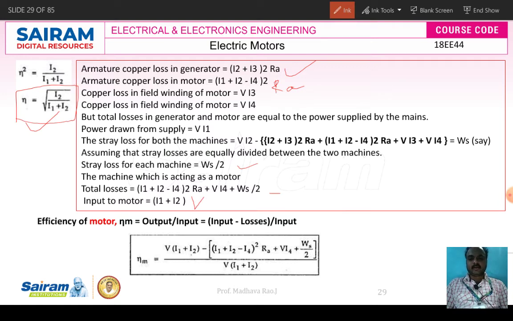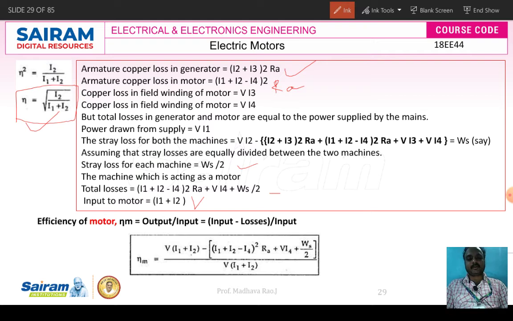So here our efficiency is equal to output by input. Output we can write as input minus losses. So from the input power and losses, we will have V into I1 plus I2 minus (I1 plus I2 minus I4) whole square into Ra plus V I4 plus WS by 2.